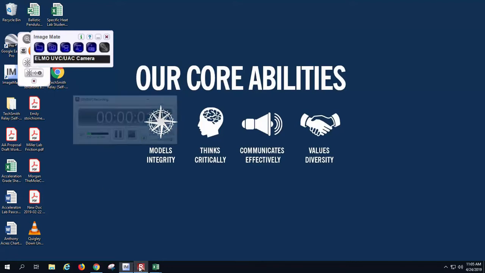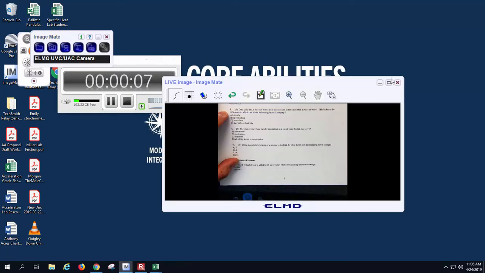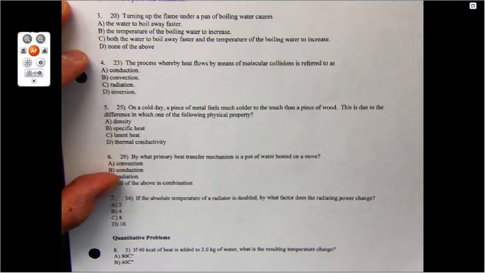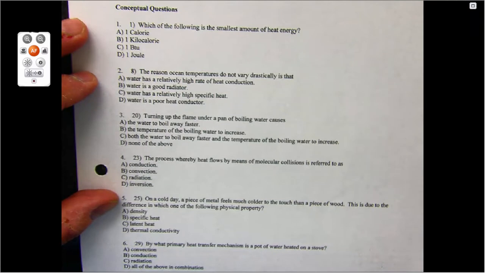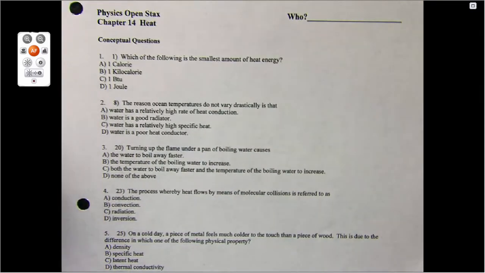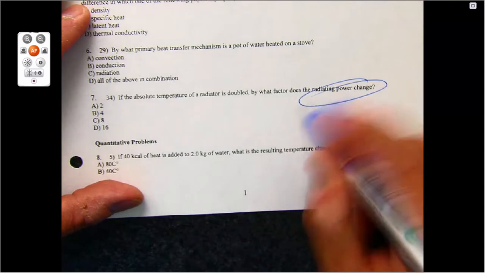See which one the best one is. So, quiz questions, huh? What do you got? Didn't we do that? No, there's no rate. There's conduction. What? Oh, radiating power, yeah.